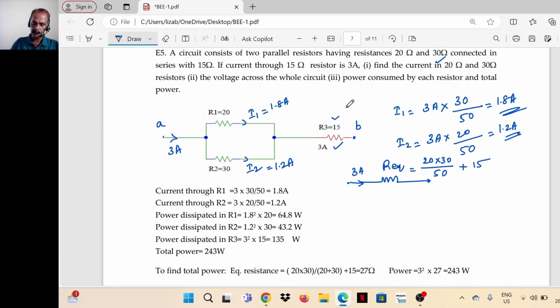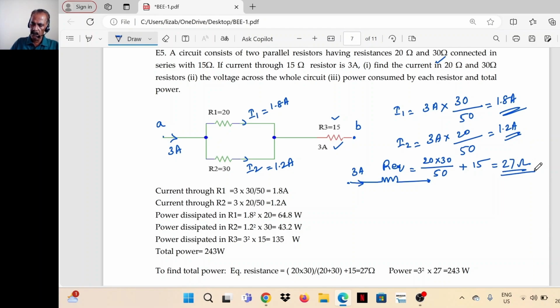That is this one. So the equivalent of the parallel combination 20 into 30 divided by 20 plus 30, plus this R3, that is 15 ohm. So 20 into 30 divided by 20 plus 30, plus 15, you will get it as 27 ohms.